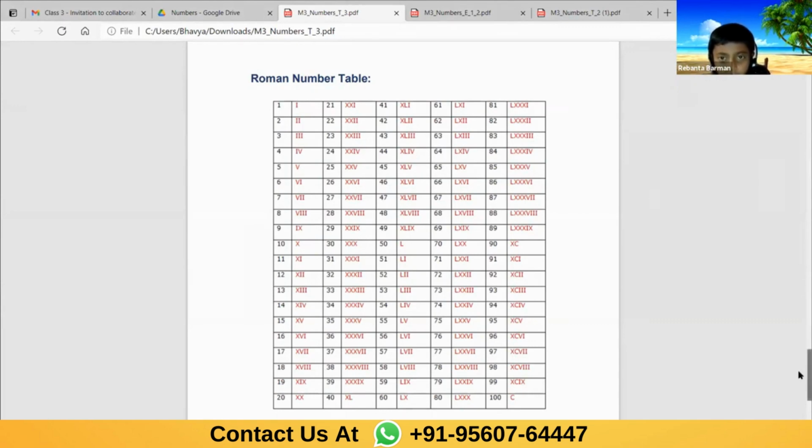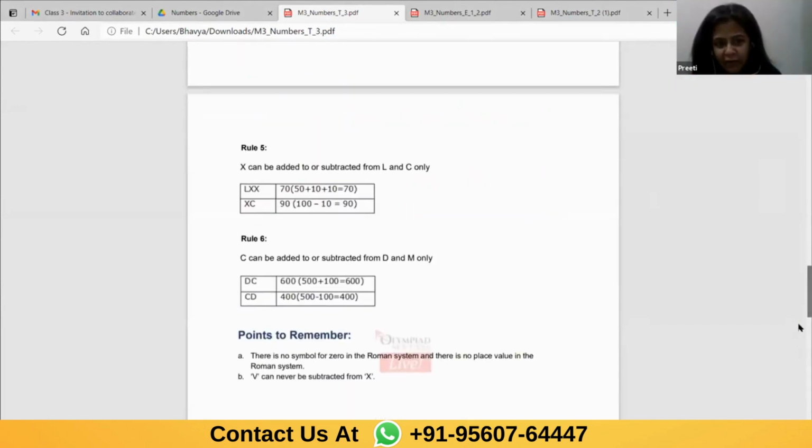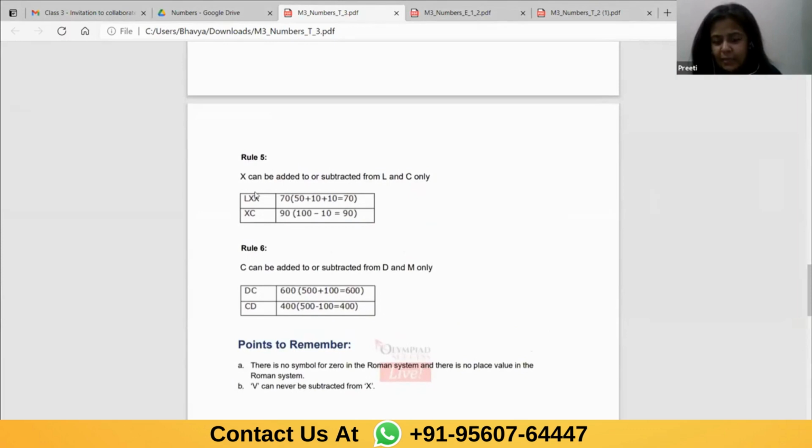No, X will not end at 49. It says X can be added or subtracted from L and C only. You can use X on the left-hand side and right-hand side directly of L and C.